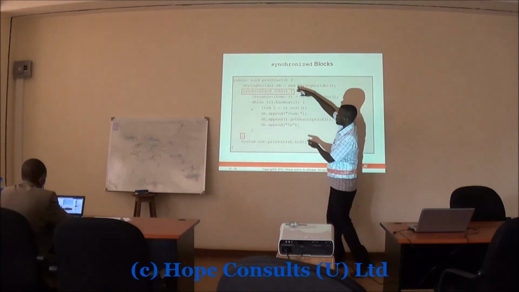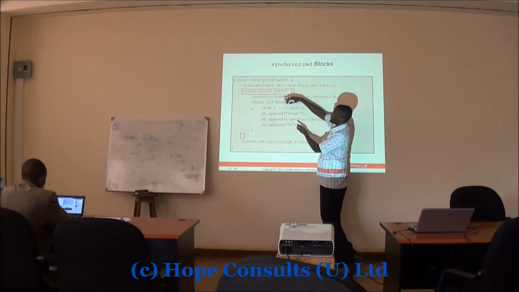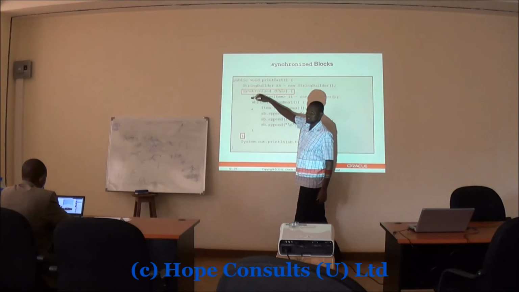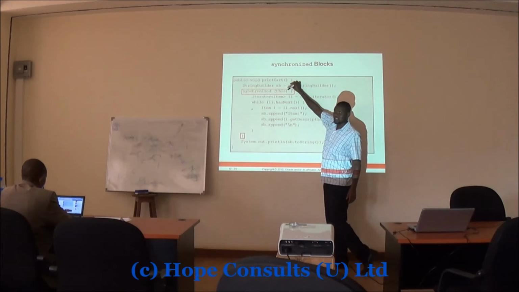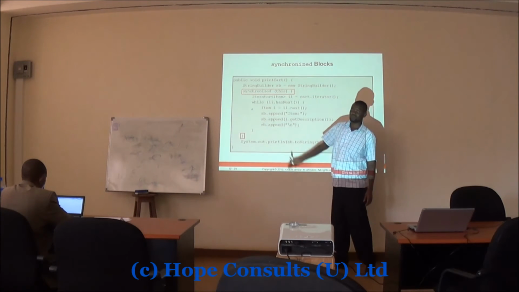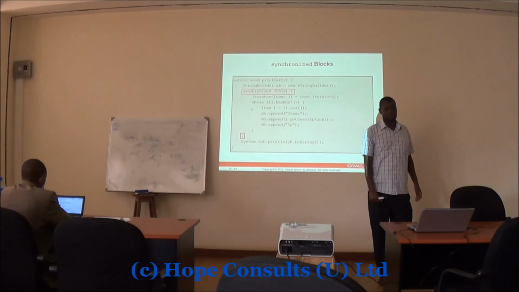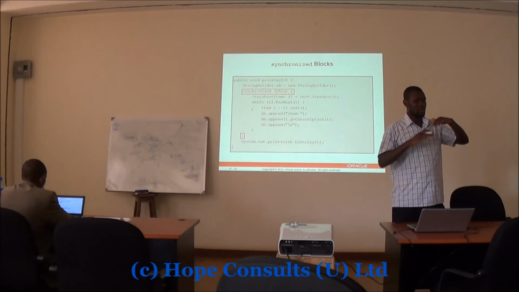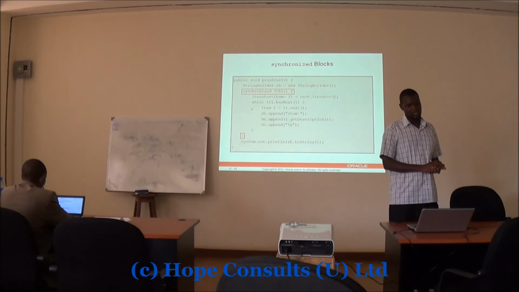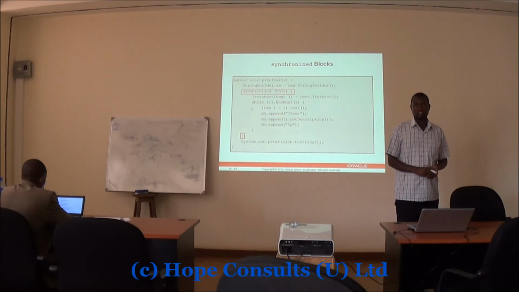You can protect only this section, so you don't have to use synchronized on the whole method. Other threads can execute up to here, then wait for this to proceed. So you can either protect a section of code or the entire method using the keyword synchronized.